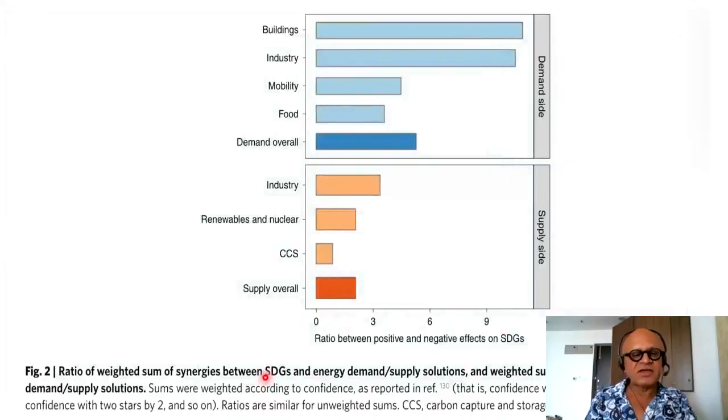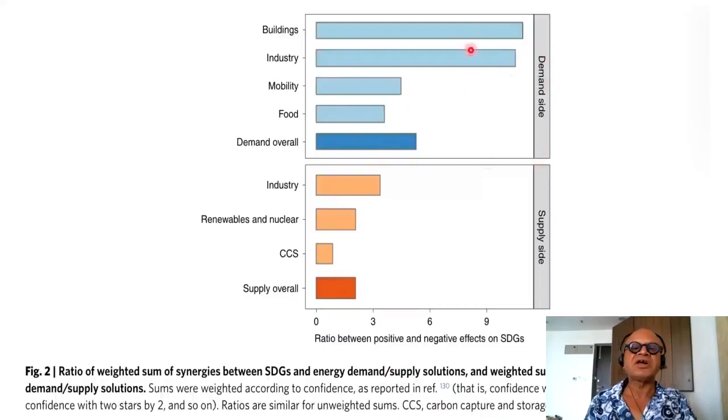So if we look at the ratio of weighted sum of synergies between sustainable development goals and energy demand versus energy supply solutions, and weighted sum of trade-offs between SDGs and demand supply solutions, there are some details in which these calculations are done.